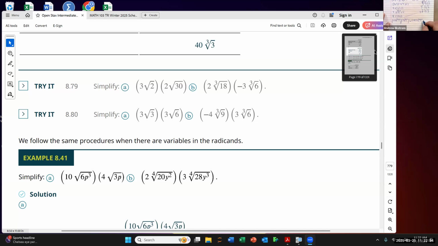If we recognize it, awesome. So -4 times 3 is going to be -12. Then we can do the cubed root of 27 times 2. Cubed root of 27 is going to be 3 times the cubed root of 2. -12 times 3. There we go.